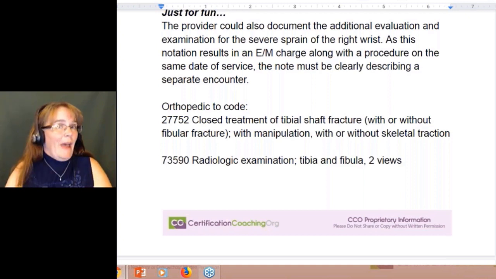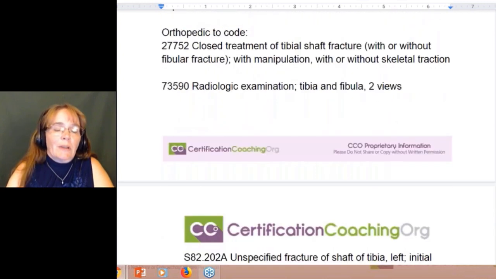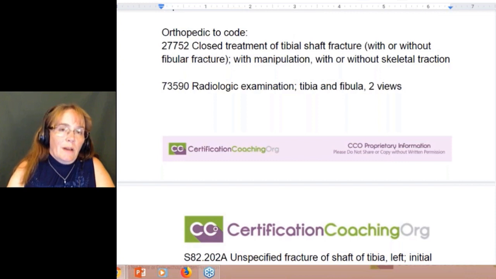Again, I'm going to jump back to that modifier 25, a significantly separately identifiable E&M on the same day as a procedure. So they're most likely going to code 27752, which is a closed treatment of a tibial shaft fracture with or without the fibula fracture with manipulation. They have to reduce it, so they have to manipulate it, and that's with or without skeletal traction.